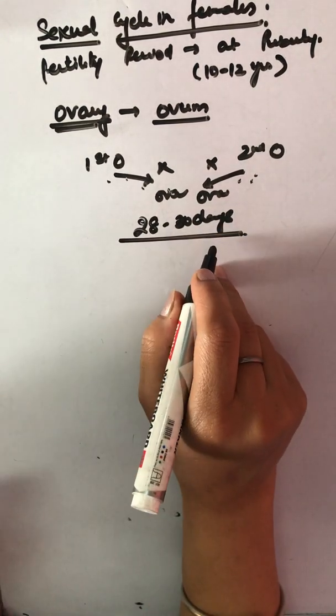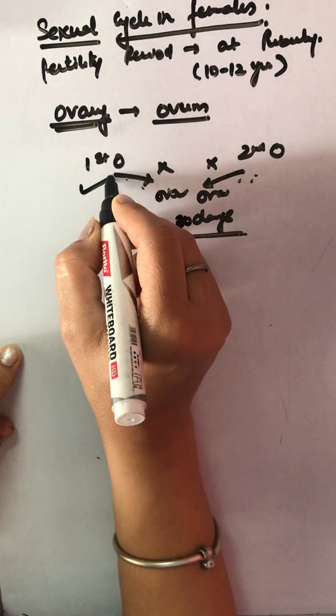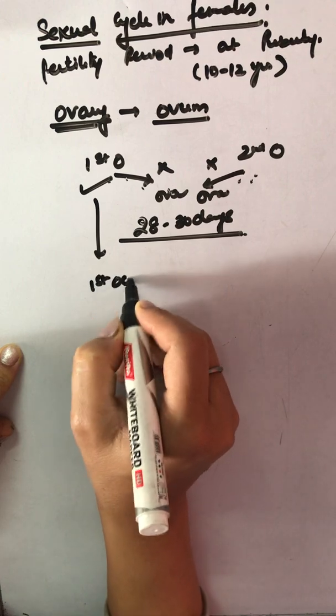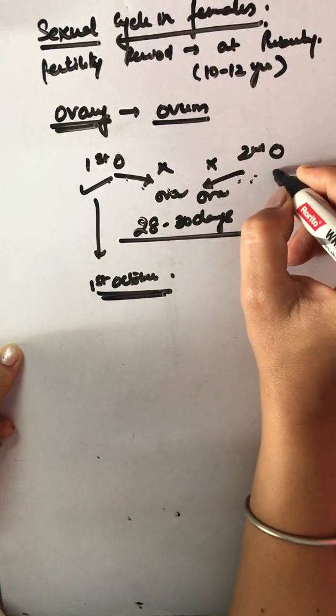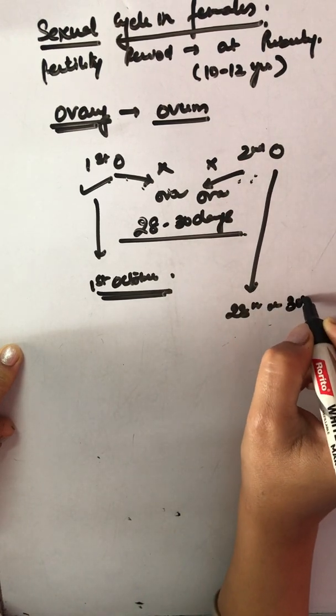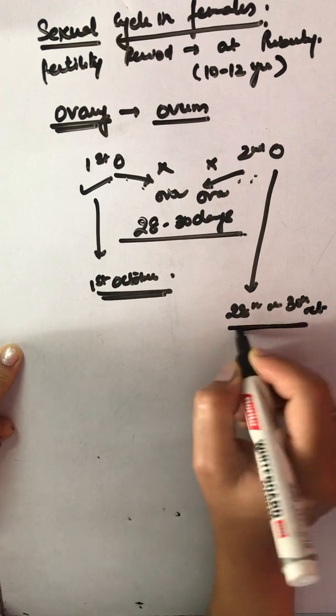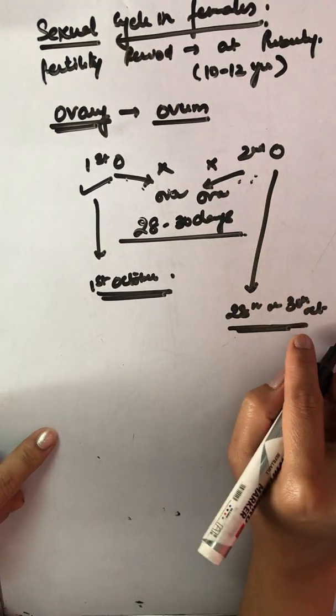Let me explain you a little. For example, if one ovum is released from the left ovary on 1st October, the next ovum is released from the right ovary on 28th or 30th October. Clear? So first one from here and the second one from here.